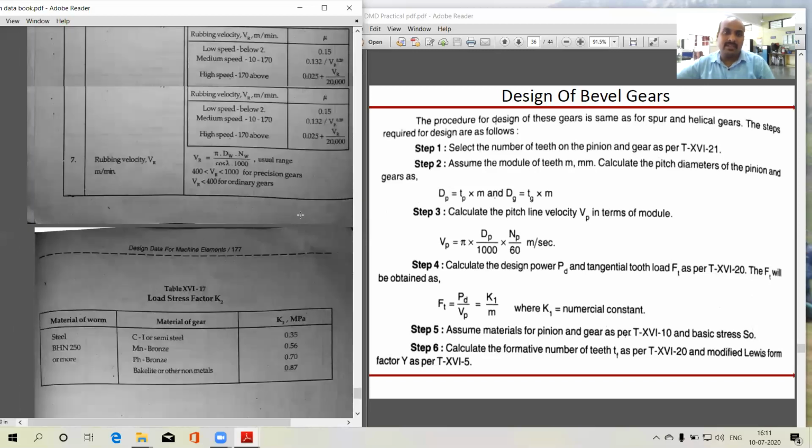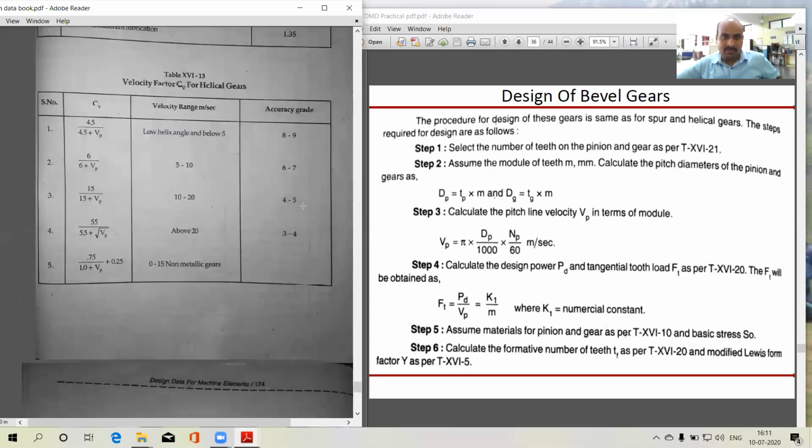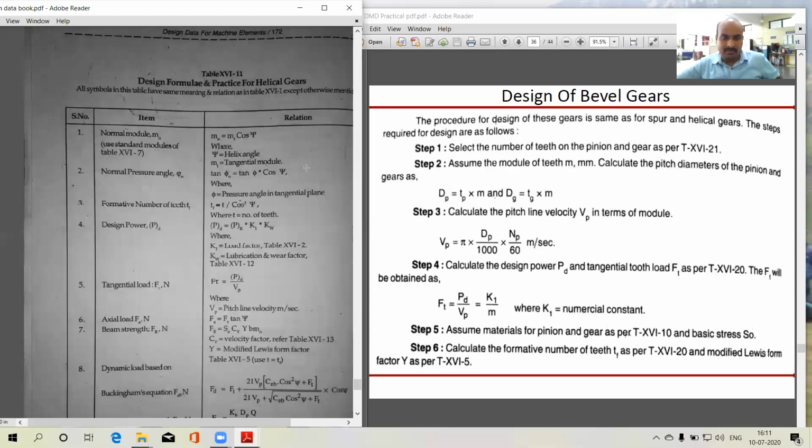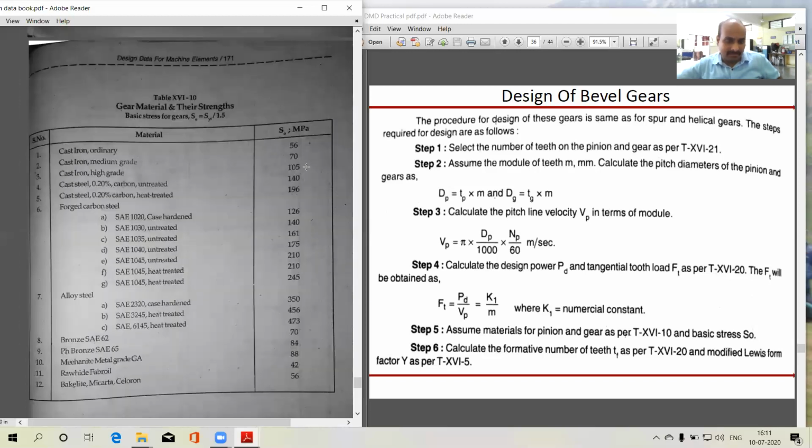Like in the spur gear, you also selected the material from there. See page number 171. You can assume any material. If there is a mention in the problem that the material for pinion and gear are the same, then you have to select the same material for pinion and gear.